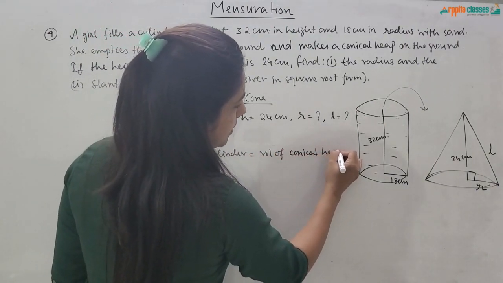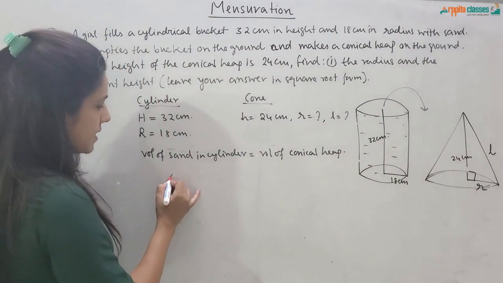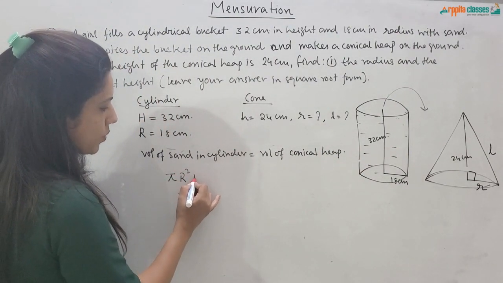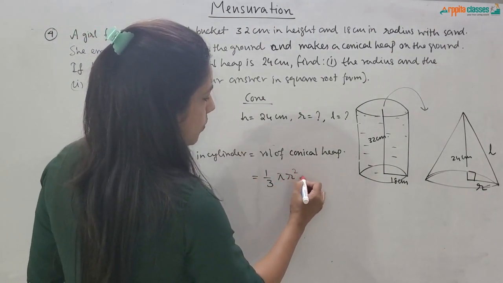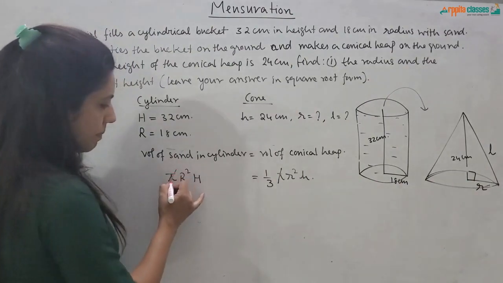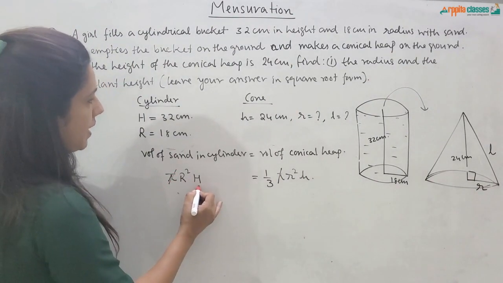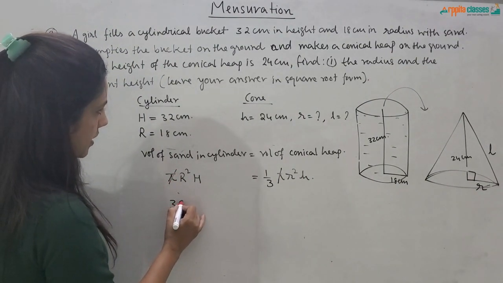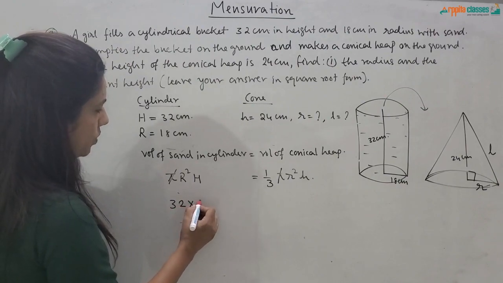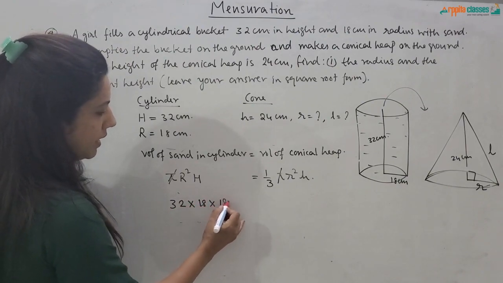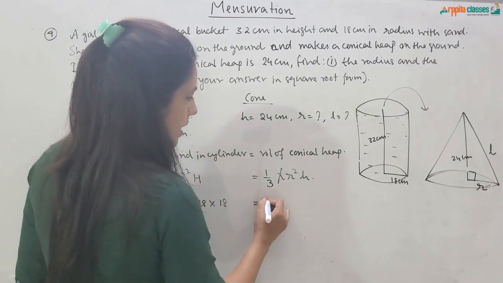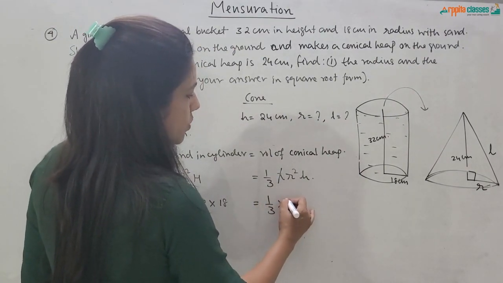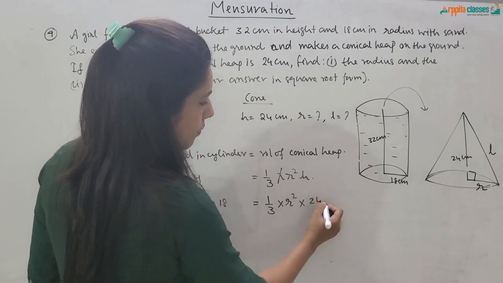This is the concept. So volume of sand in cylinder, that is pi capital R square H, will be equal to 1 by 3 pi small r square h. Pi gets cancelled. So capital R square H, that is 32 into 18 into 18, is equal to 1 by 3 r square, we do not know, height is 24.